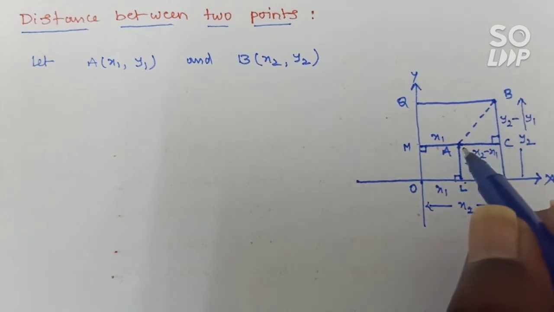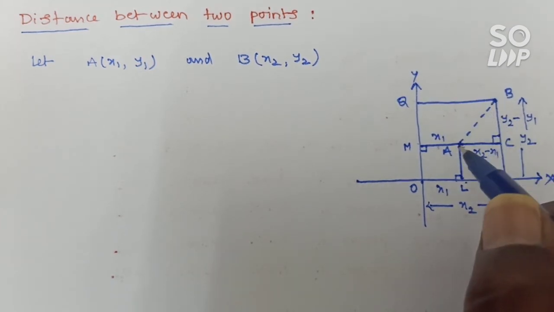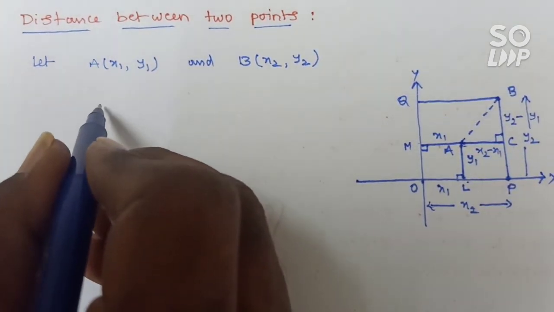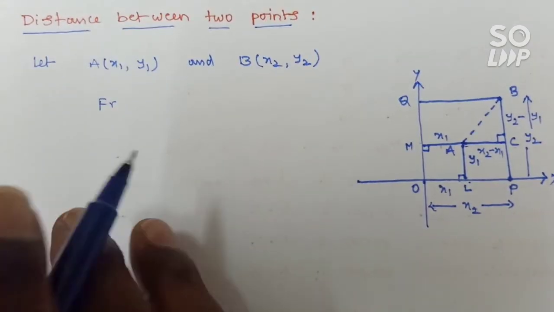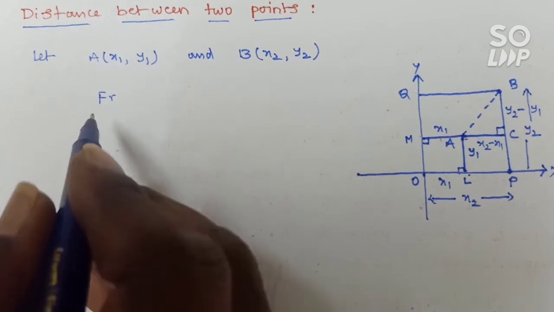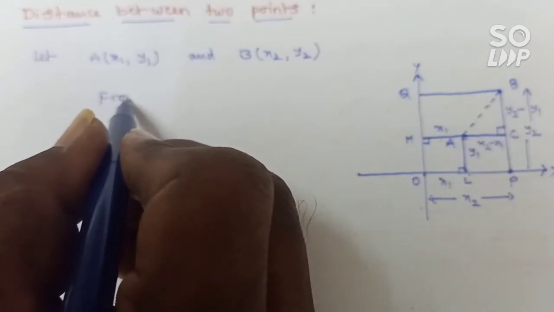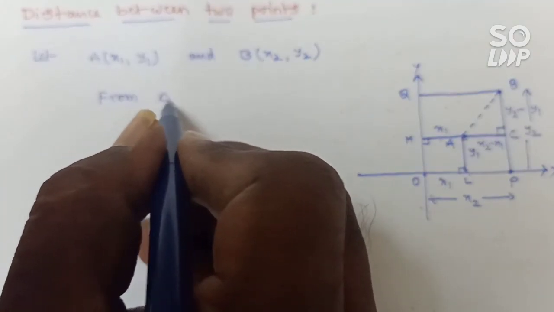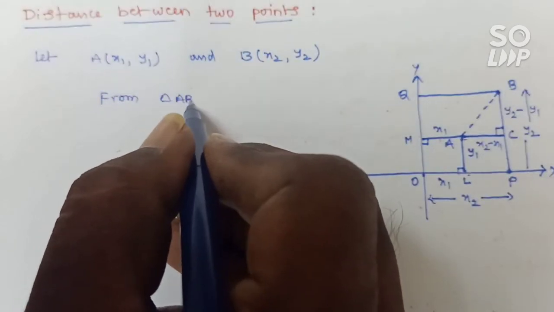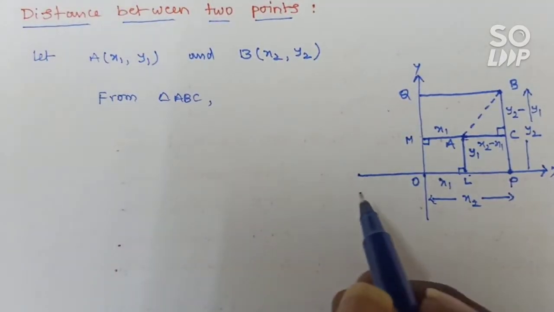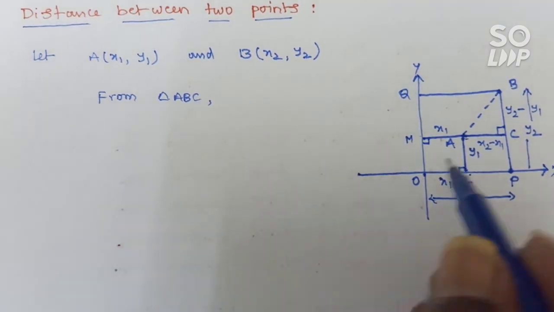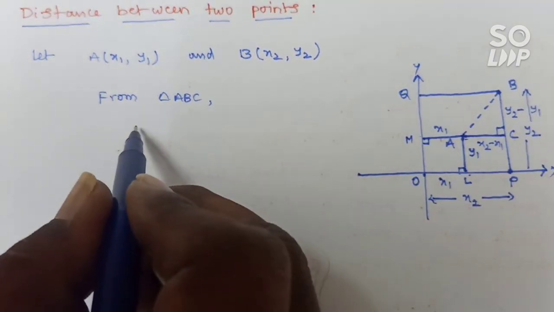Now clearly ABC is a right angle triangle. From triangle ABC, we want the length AB.